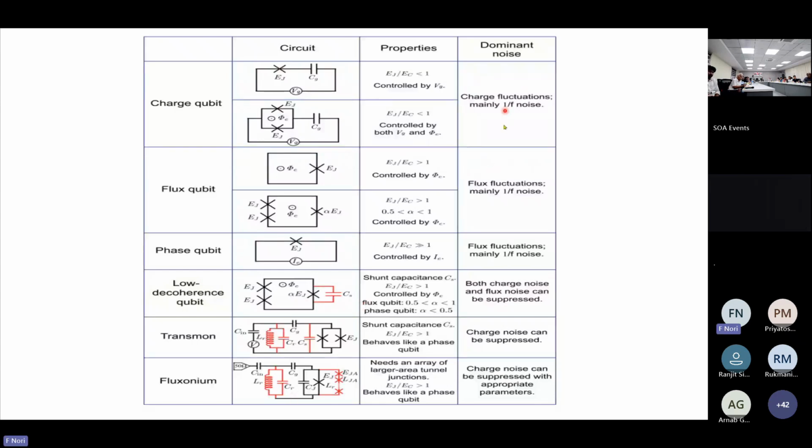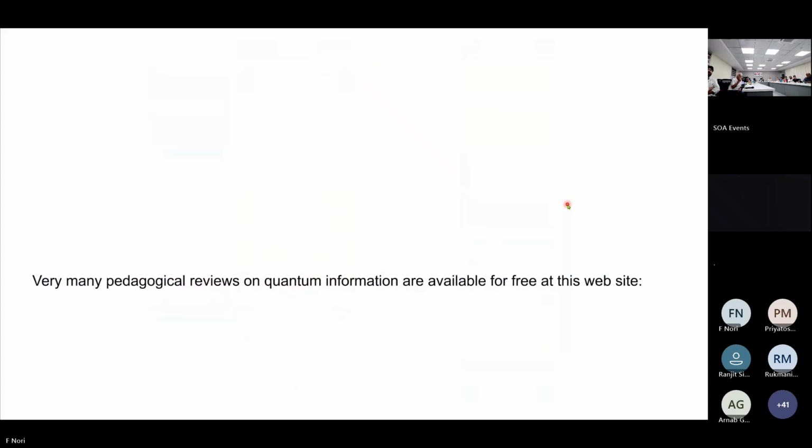And then there are different sources of noise, and then you can suppress both of them, or more the charge, or more the flux, etc. So this is a table, an overview of different artificial atoms that different groups are exploring around the world. This is a bird's-eye view of the field. Again, very pedagogical views are available on our website.